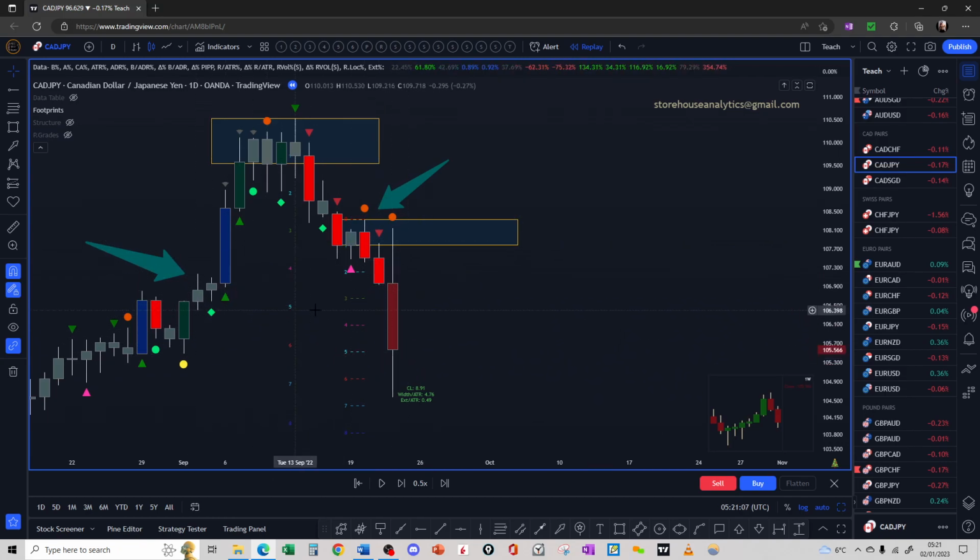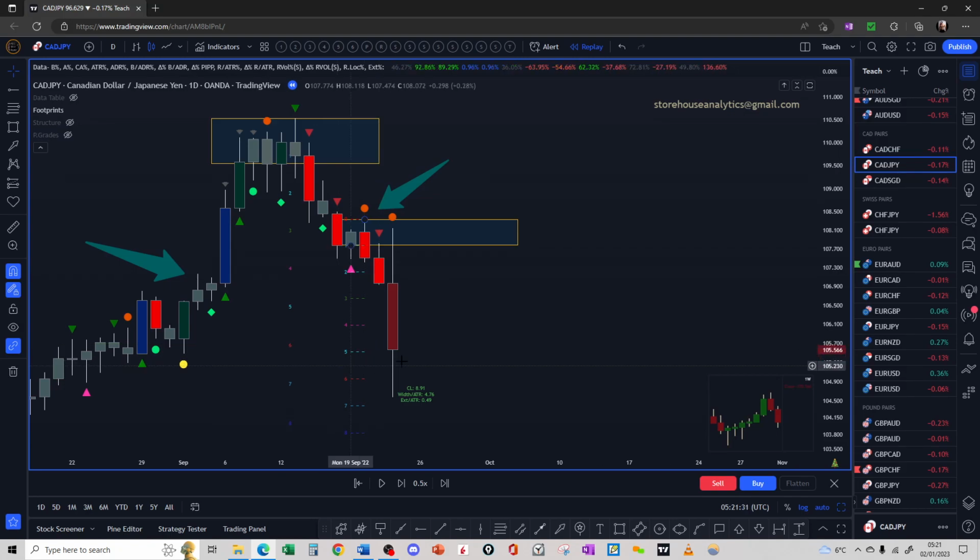So it wasn't exactly an ideal zone for the way that I would trade it. But the reason this supply zone would be counted as one that contributed to the taking out of this zone is because it's the one at the extreme. Just so you are aware, it is the one at the extreme.